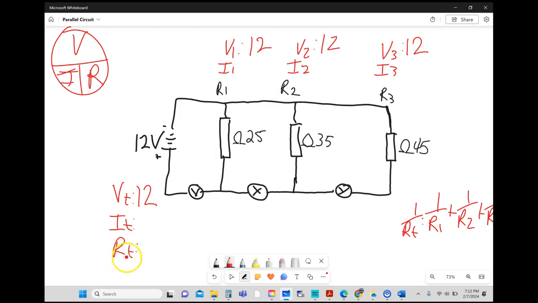But our total resistance requires a little bit of funky math, right? I'm going to set that up, and this is what that looks like.